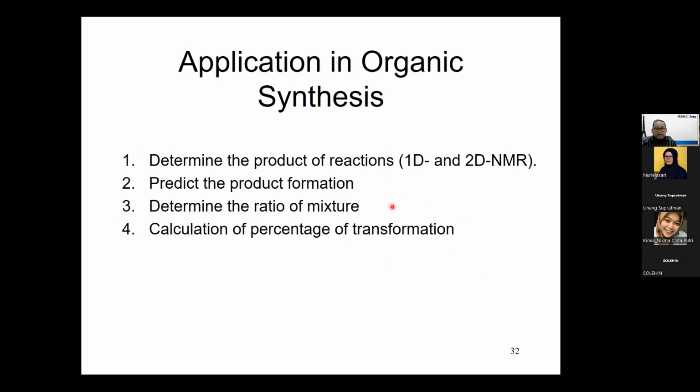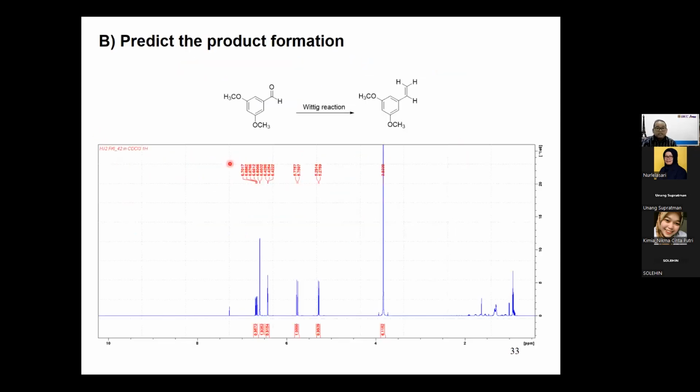So the first one is the normal one, similar to natural products, and the second one is prediction of the products. For example, we want to do the Wittig reaction, okay? And also with iteration, we want to produce some alkenes in these functional groups. What you have to do is just take some of your reaction and run a proton NMR.